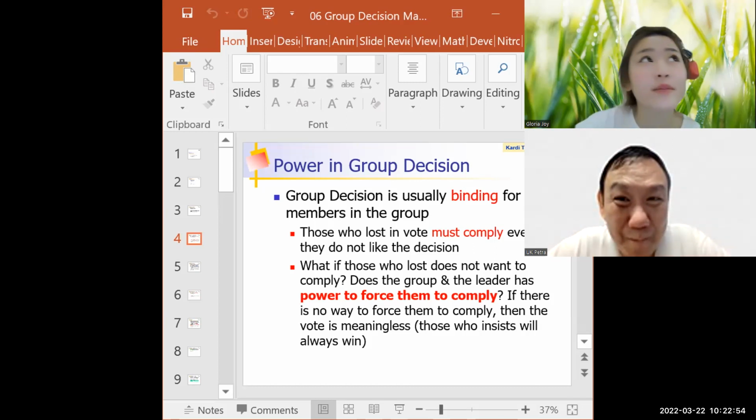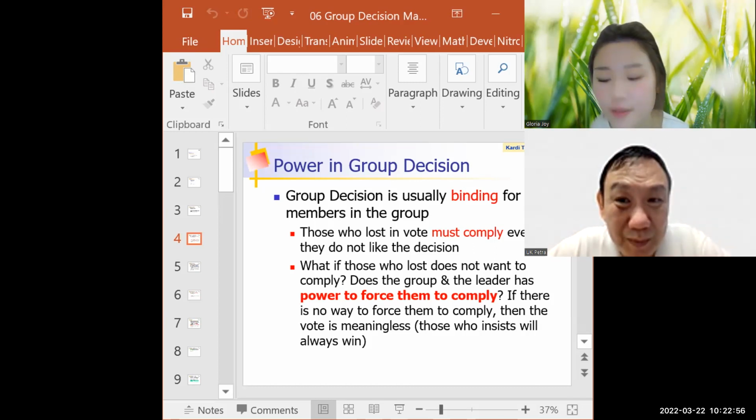If, for example, we take the vote of 10 people and 7 agree, 3 do not. But if in the end the 3 finally say, okay then, or they come to some sort of agreement, then it's a consensus. But if the 3 don't agree and they're mad, then I don't think it's a consensus.